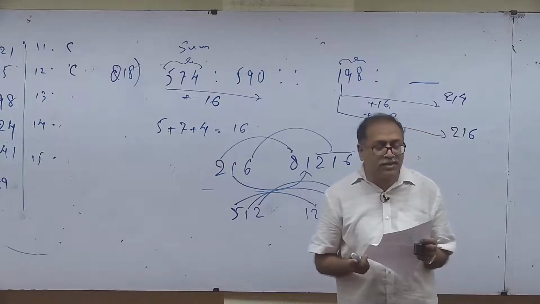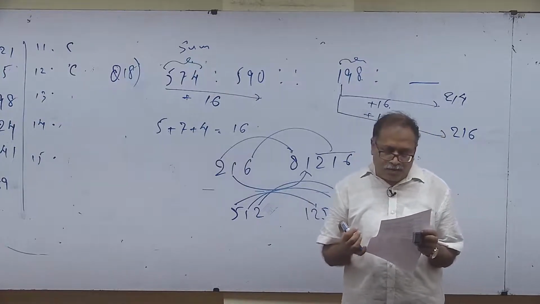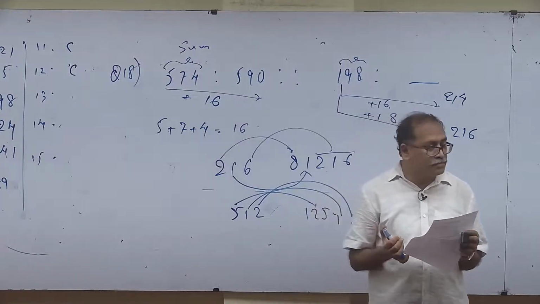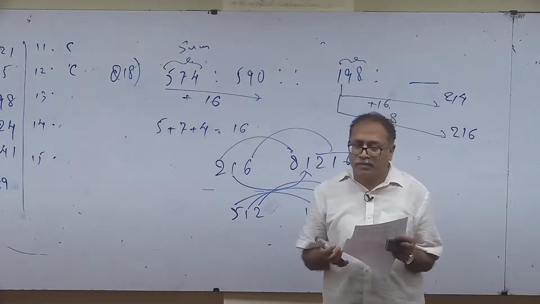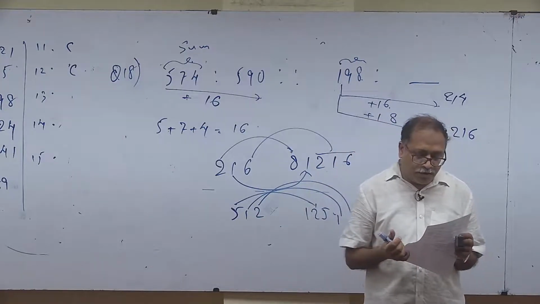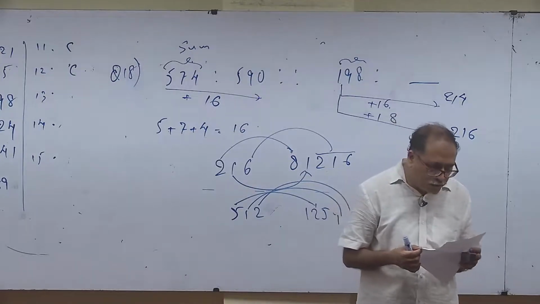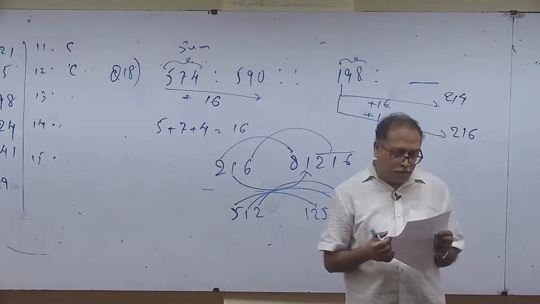2 and 64. 2 to the power 6. 3 to the power 6, right? No, 21. Okay.